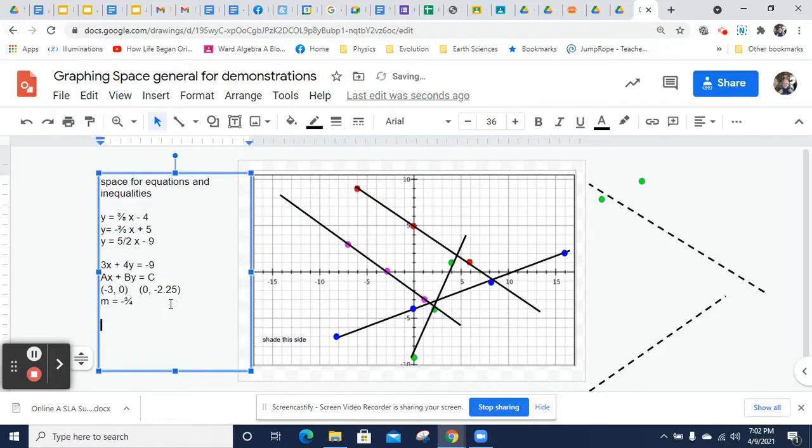I know the person who asked for this video asked for stuff about the fractions, but I'm going to make a point about a whole number slope as well real quickly. Y equals 3x minus 6. If some people get stuck on the whole number ones, remember 3 is just 3 over 1.